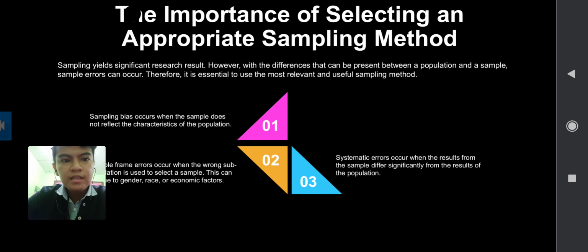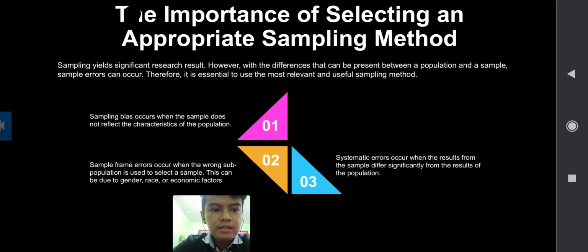Sampling yields significant research results. However, with the differences that can be present between a population and a sample, errors can occur. Therefore, it is essential to use the most relevant and useful sampling methods.